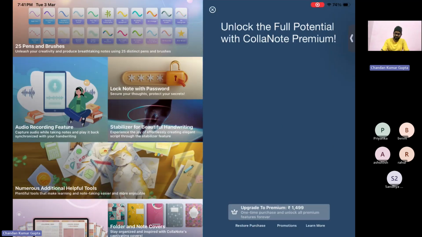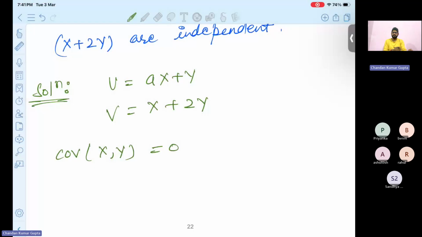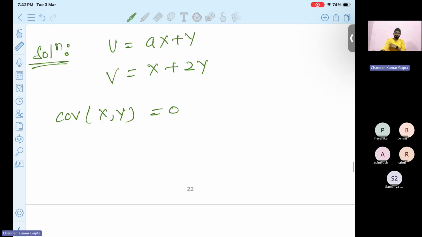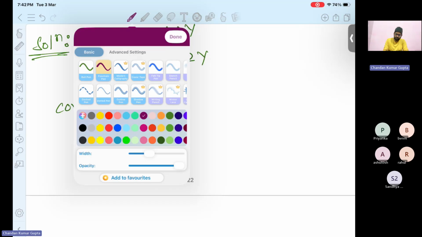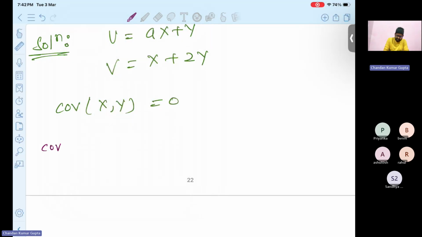Now we have one more formula. Let me write here the covariance between ax plus by and cx plus dy.